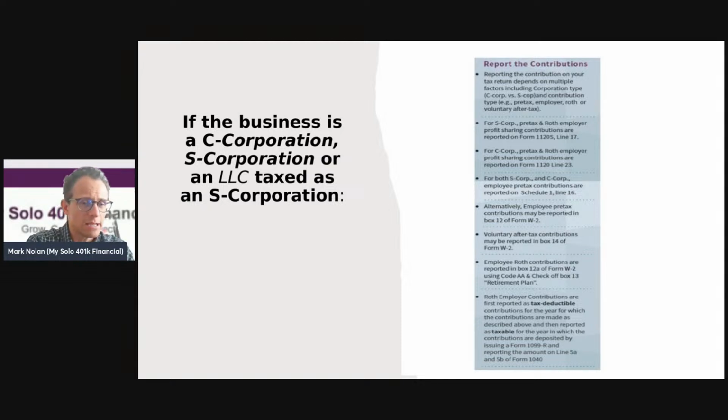We're not talking about employee Roth. We're talking about employer Roth, which is a new contribution type resulting from the Secure 2.0 Act. So you'll get a deduction on the business side, but then we've got to turn around and make sure it gets reported as a taxable in-plan conversion on a Form 1099-R. So make sure you let us know so we can report that for you.